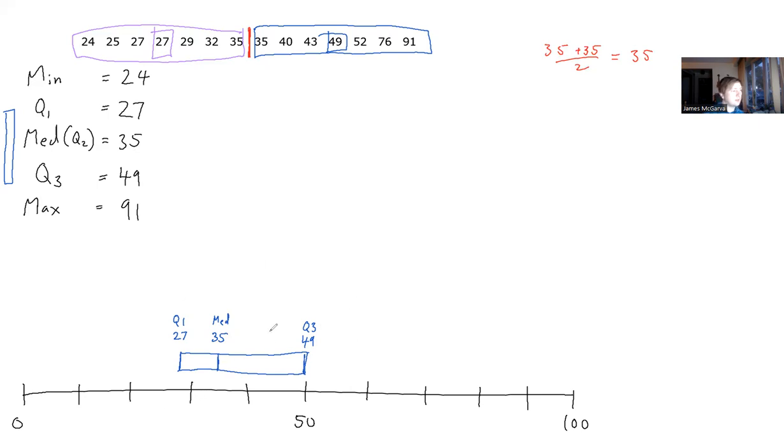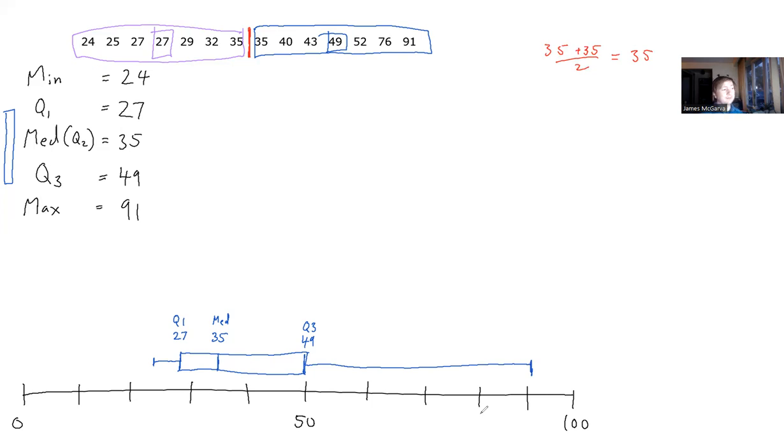And I'm going to draw whiskers. Whiskers going down to 24. So 24 is down here. And up to 91. 91's all the way up here. That's a really long whisker. Okay, so there we go. That's my basic box plot.